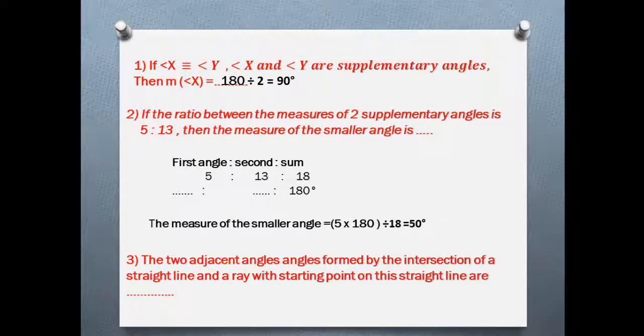Third one. The two adjacent angles formed by the intersection of a straight line and a ray with starting point on this straight line are... Can you remember this? If we have a straight line and a ray with the starting point on this straight line, they are supplementary. Number 4.